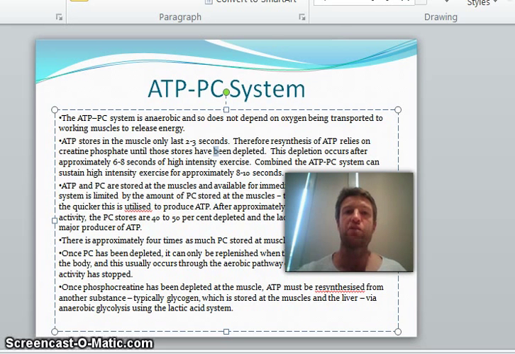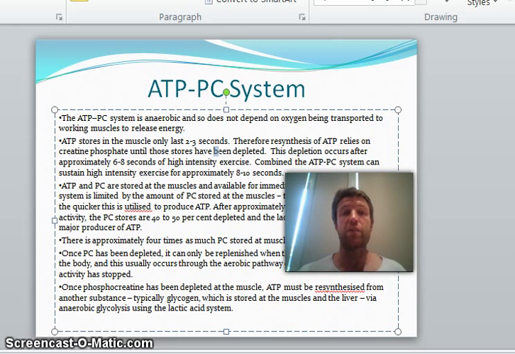Anything above that sort of intensity, you're going to see the bulk of energy provided by the anaerobic systems, whether that be anaerobic glycolysis or ATP CP, depends on a number of factors that we've talked about already, such as the duration of the event, the intensity of the event, the prevalence of those fuels being present in the muscle already. You know, we may have already exhausted our creatine phosphate stores, which means, well, we can't use them if they're not there. Simple as that.